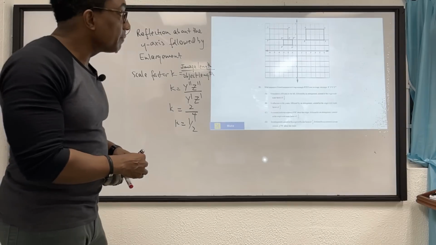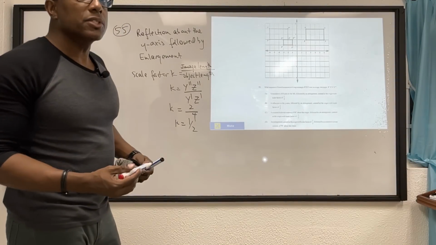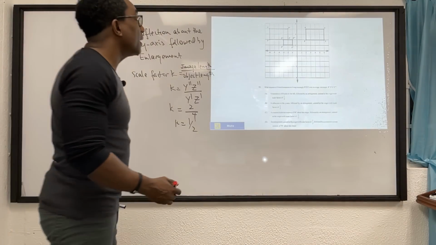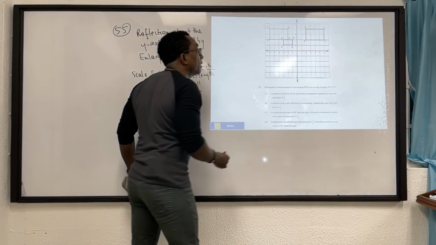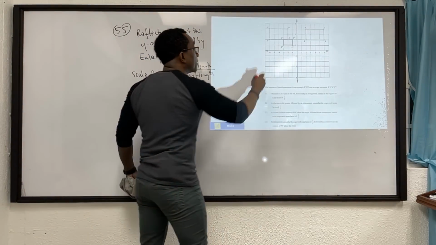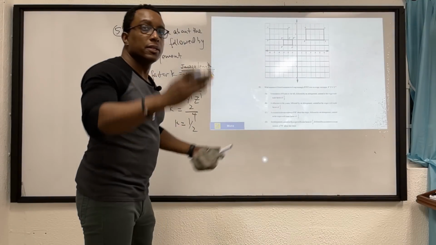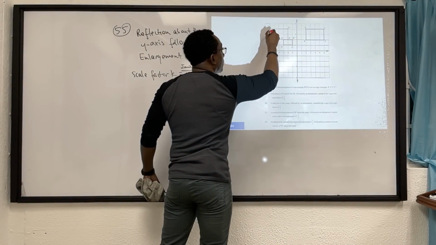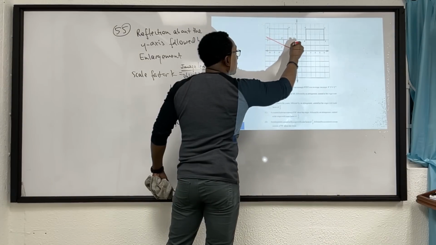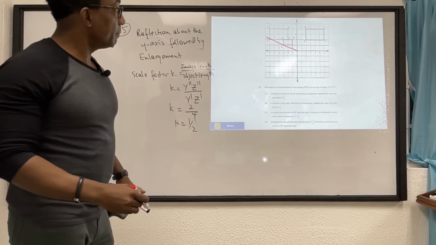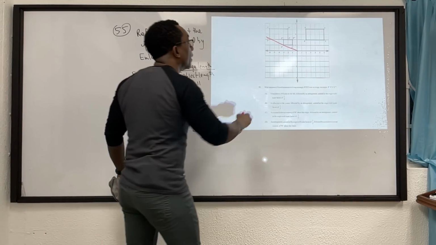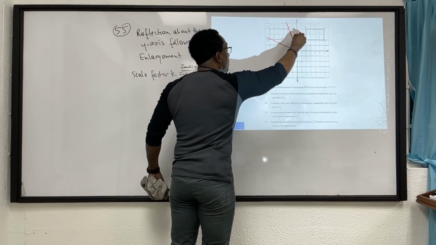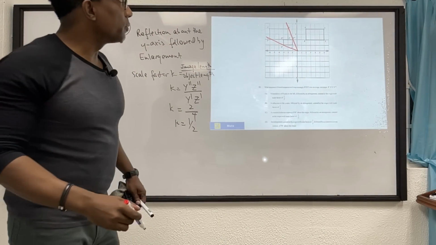But it's also important for us to recognize the center of enlargement. To determine the center of enlargement, we connect corresponding points and see where they meet. I can draw a line from Y prime through Y double prime, and also from W prime through W double prime, and we see that those two lines meet at the center.